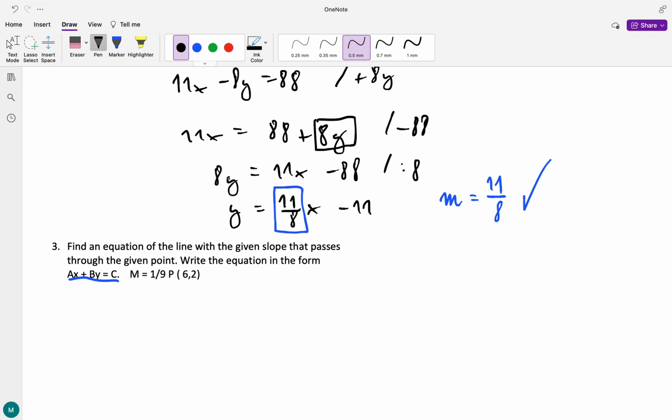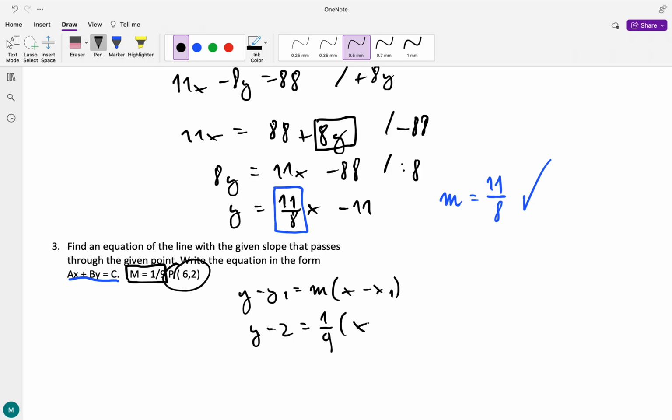Good thing is that we already know the slope, which is 1 over 9, and we have a point P, 6, 2. So let's start by plugging everything into the point slope formula. So y minus y1 is equal to m times x minus x1. The slope is 1 over 9, and we have x minus 6.